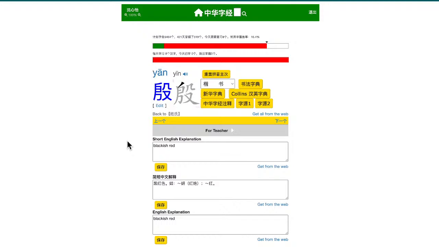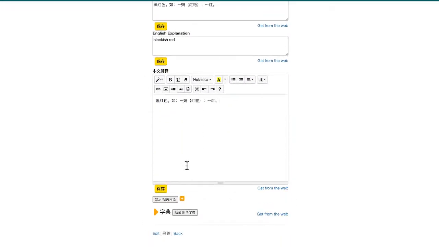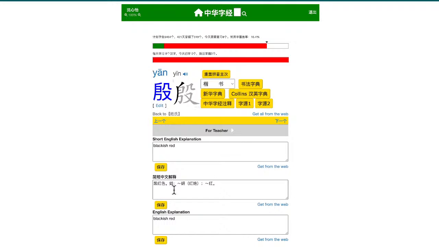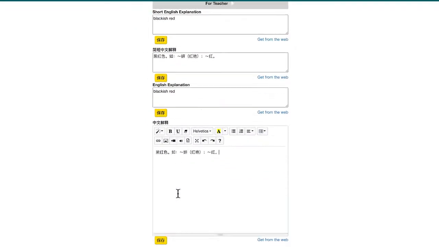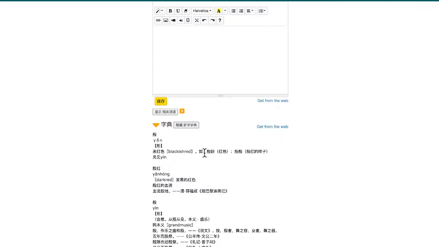Now when you pronounce it as yan, that means blackish red. So it's a very dark blackish red called yan. Yan hong. Yan hong. Let's see if I can get a picture of that.